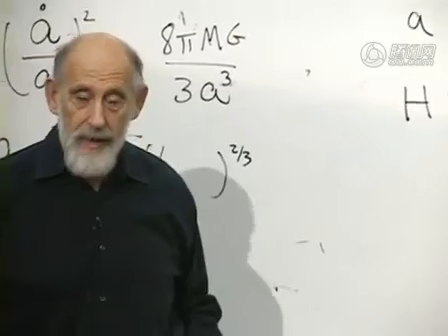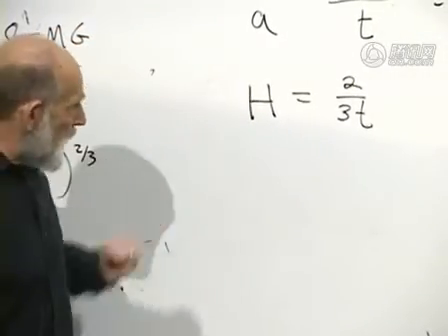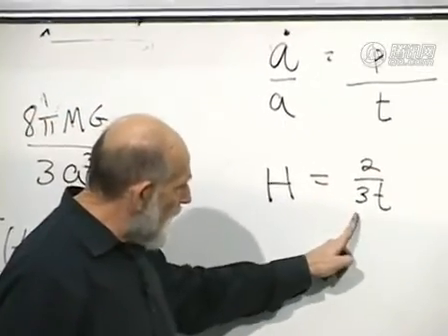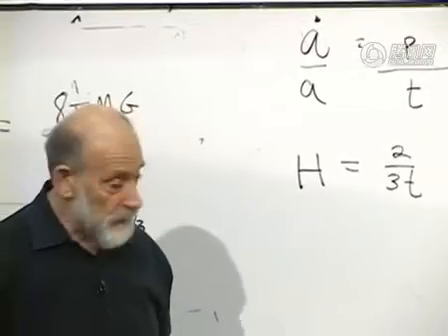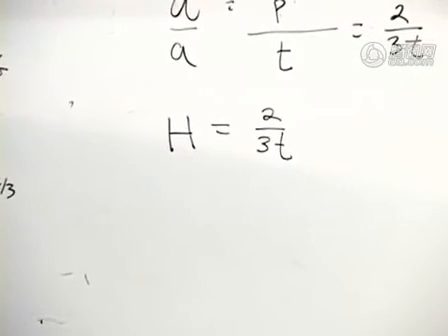But here's a tool that you can now use. The Hubble constant today is 2 divided by 3 times the age of the universe. That's what t is. t is the time from the Big Bang.